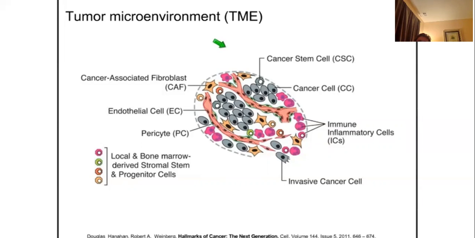Because what you're doing with your antibodies is activating and turning the Tregs into Th1 and Mregs into M1.